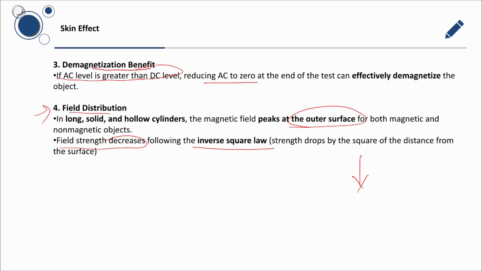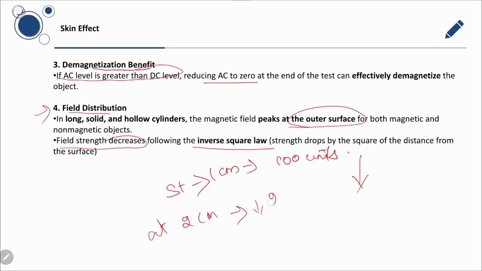For example, if the magnetic field strength at 1 centimeter from the surface is 100 units, at 2 centimeters it will reduce to about 25 units, because 100 divided by 2 squared is equal to 25. This is the concept of the inverse square law.